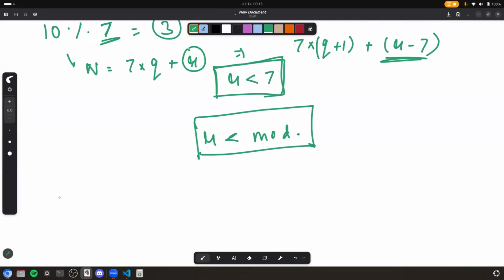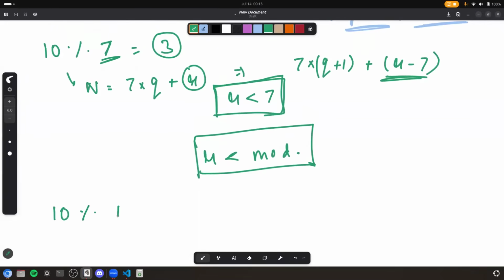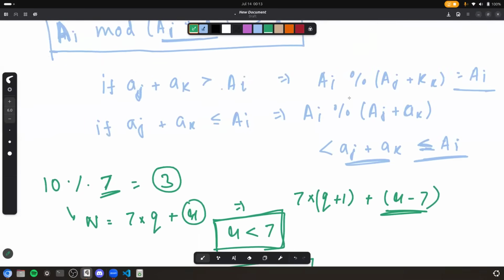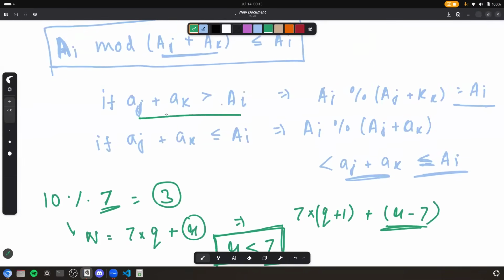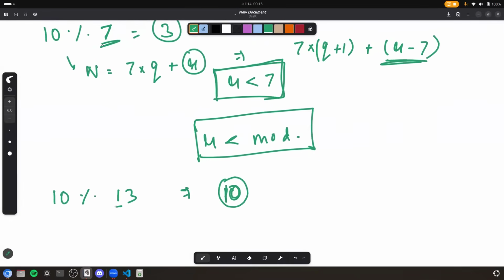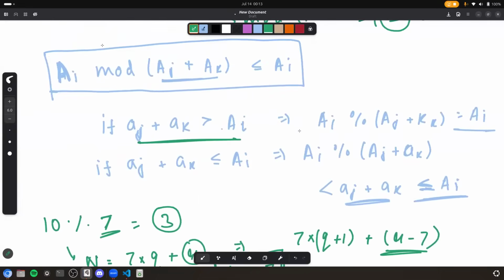And what happens if I take 10 remainder 13? Then I would simply get 10 as the remainder. So this was the property. If AJ plus AK is greater than AI, basically 13 was greater than 10, then the modulo would simply be AI.